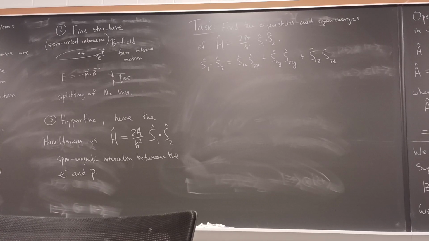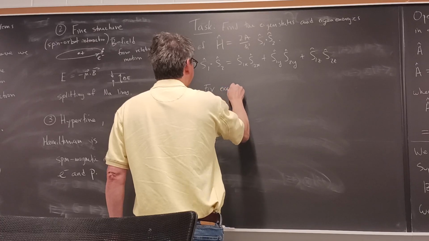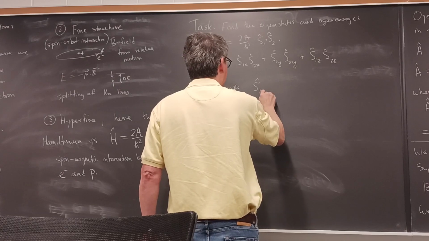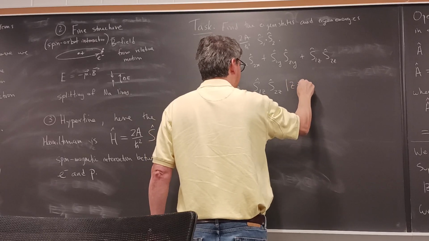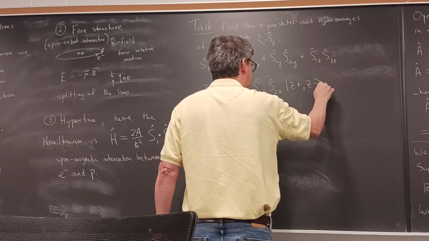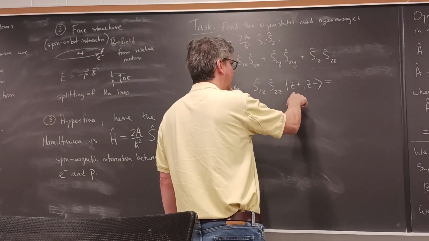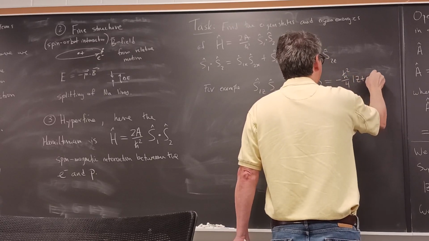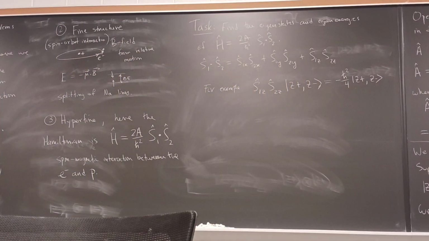So for example, this piece of the Hamiltonian, S1z S2z, operating on z plus, z minus, will just give us a factor of plus h bar over 2 here and a minus there, since it'll be minus h bar squared over 4, z plus, z minus. Everybody see that?